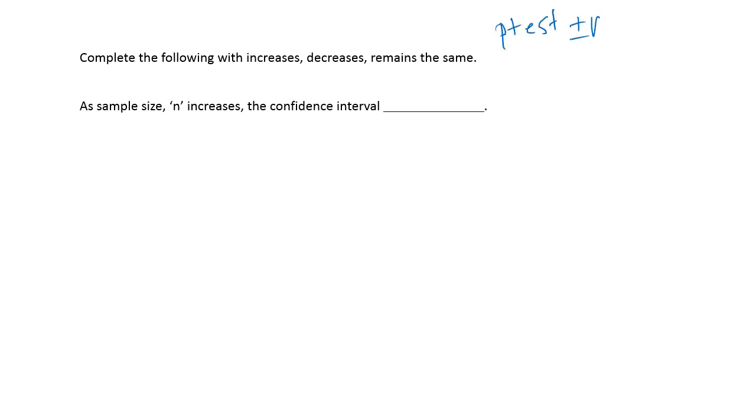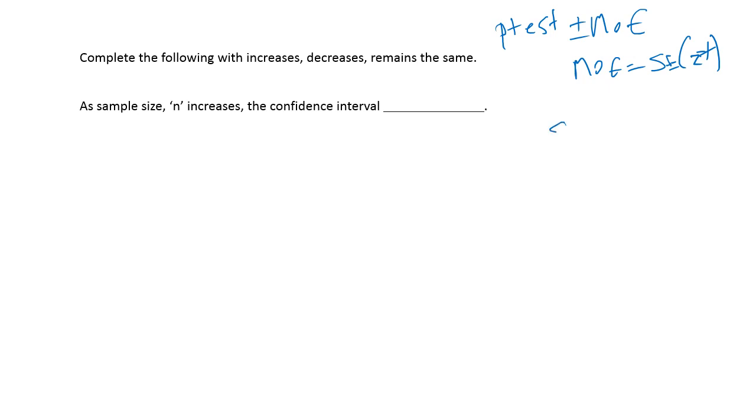All right, now we are talking about what happens to the confidence interval as different things happen. As sample size increases, the confidence interval does what? Well, the confidence interval is always a point estimate plus or minus this margin of error, and the margin of error is standard error times Z. So where does sample size come in?